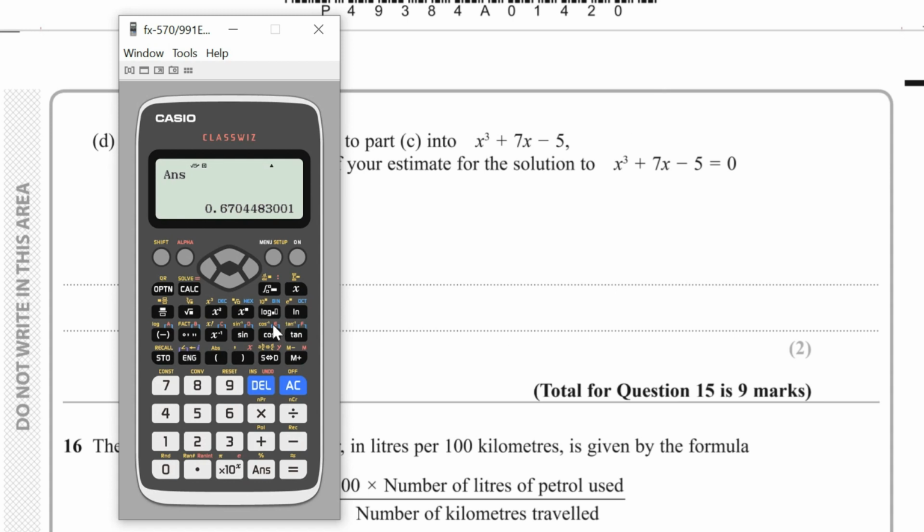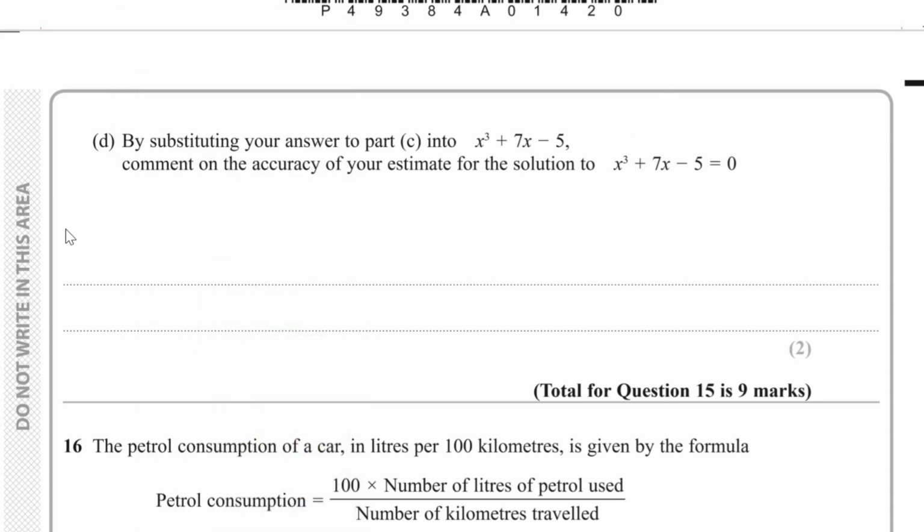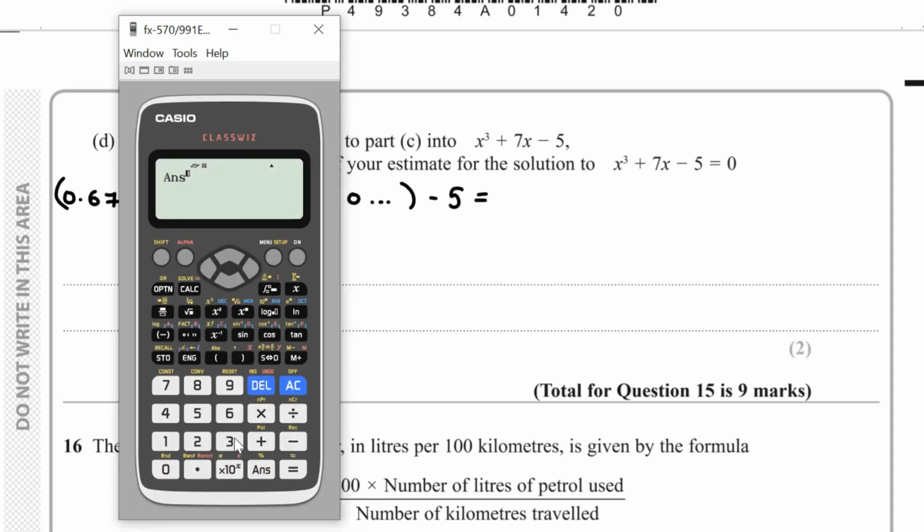And if I substitute this into here, we've got 0.670 etc. to the power of 3 plus 7 lots of 0.670 etc. minus 5. So if I work this out, it turns out here we get minus 5.49 etc.